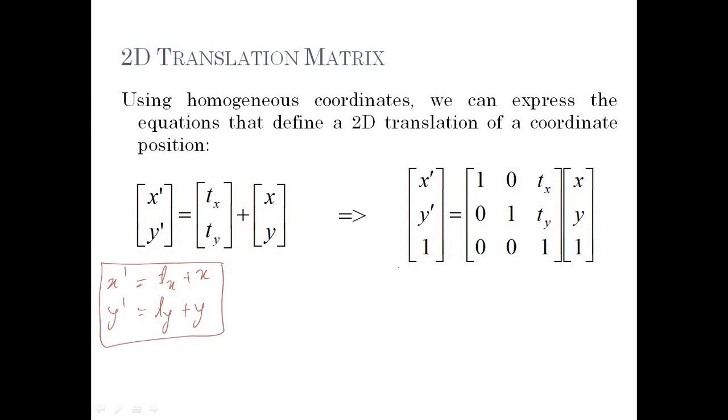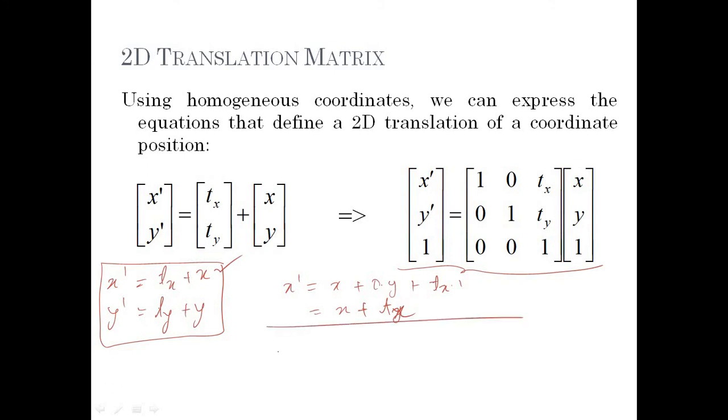Now, this homogeneous coordinates matrix will also give the same results. Take the value of x dash: 1 into x is x, plus 0 into y, plus tx into 1, which will be equal to x plus tx, which is all the same.